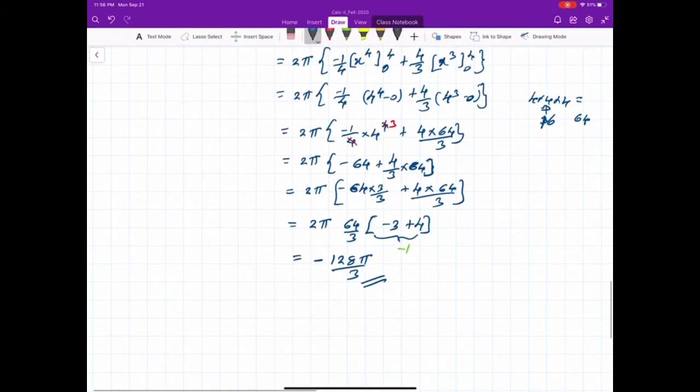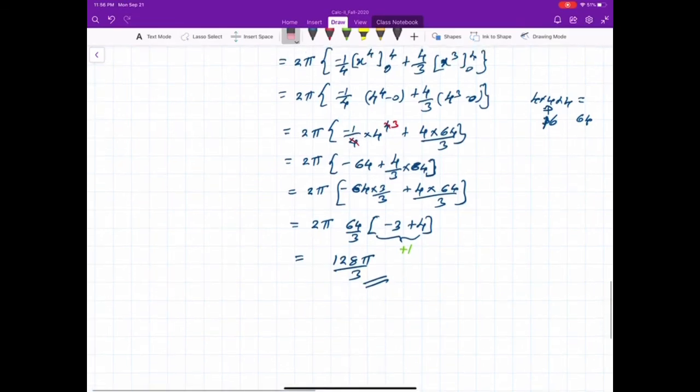So this will be plus 1. Alright, so this will be plus then. Okay, so that is the corresponding volume.